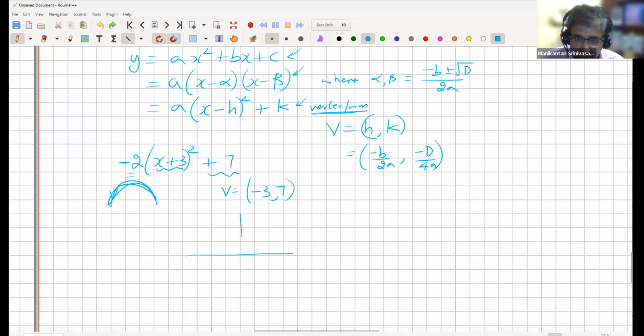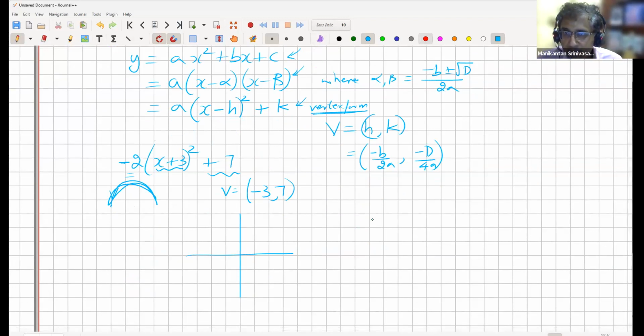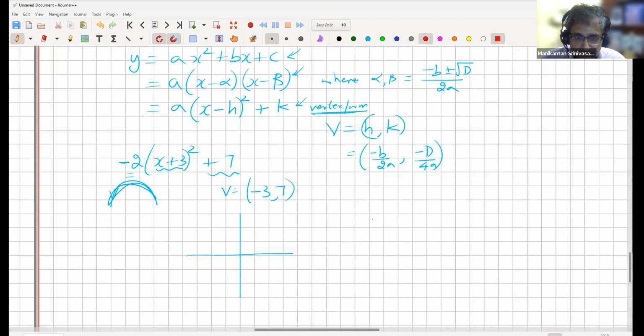If I draw x-axis and y-axis like this, my quadratic will have a vertex of minus 3 comma 7. Let's say minus 3 comma 7 is here, and it'll be downward going like this. Okay.